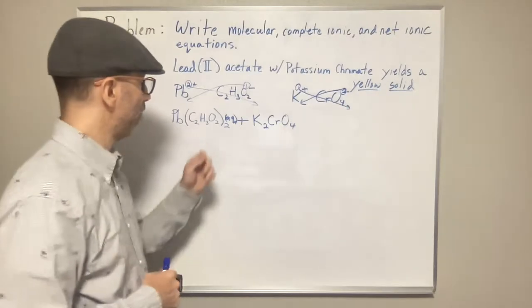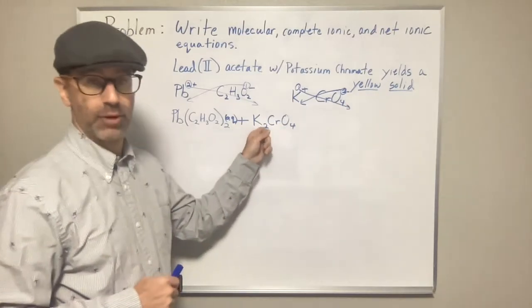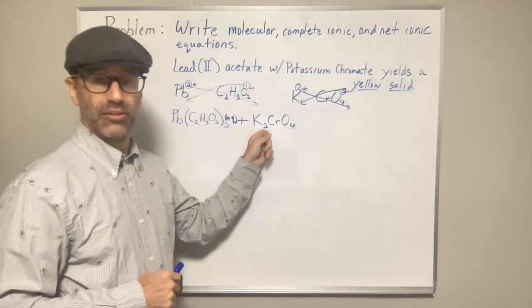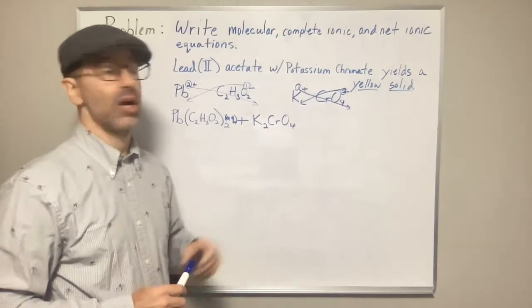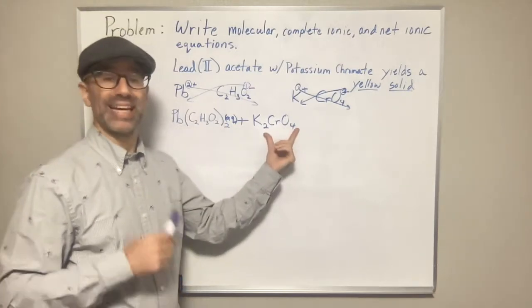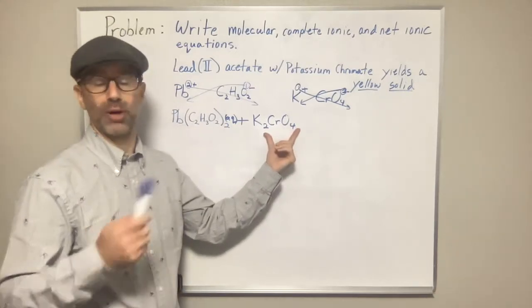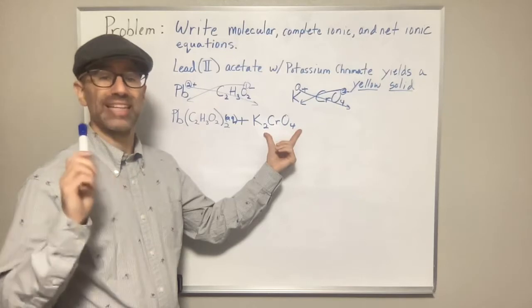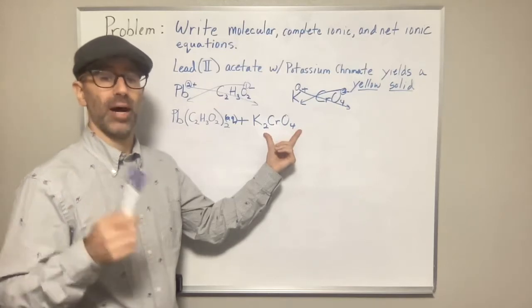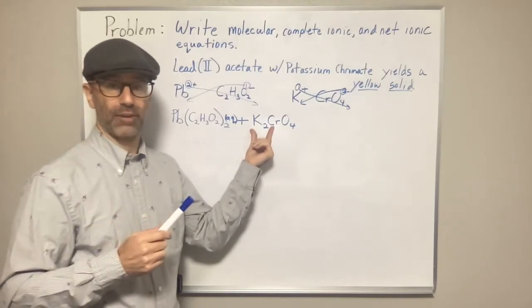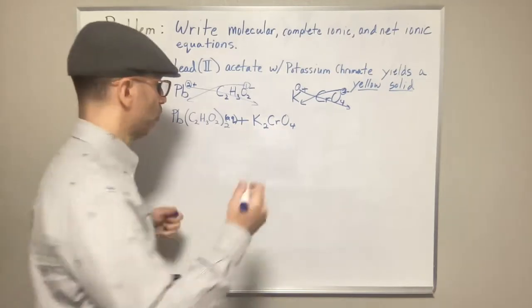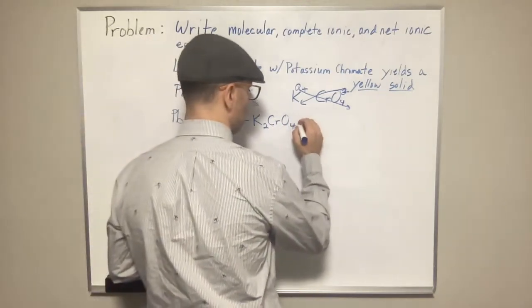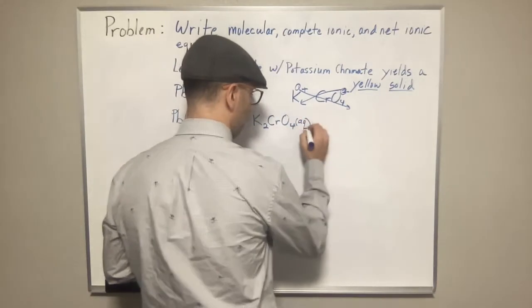So we do actually have a group 1. So potassium is group 1, so that means that this is soluble. So chromates are generally insoluble, I keep mixing it up, but in the case of having a group 1 metal, it's going to be soluble. So here we have soluble, so aqueous.